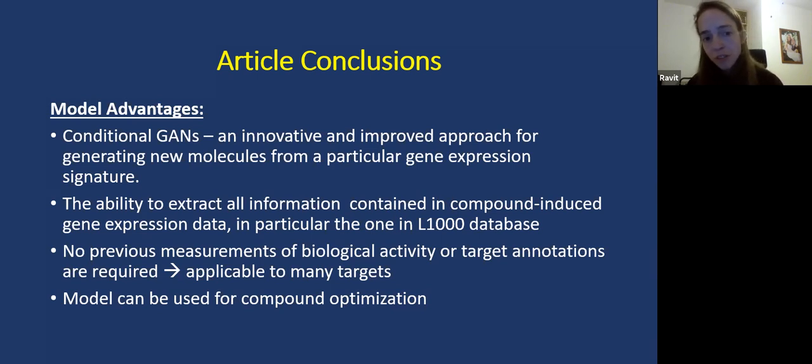Also, no previous measurements of biological activity or target annotations are required, which is great because this means the model is applicable to many targets, not just the ones they tested in this article. And also, as we showed on the benzene ring, the model can be used for compound optimization.